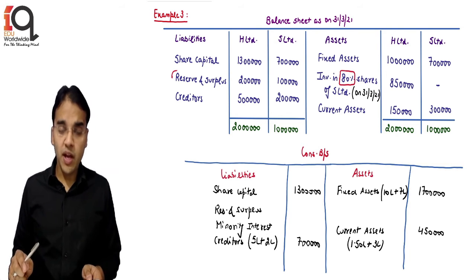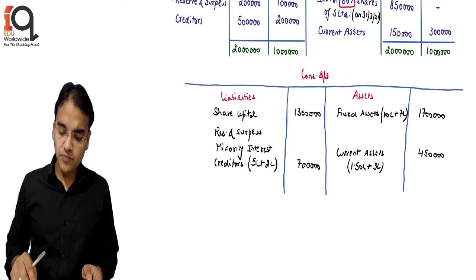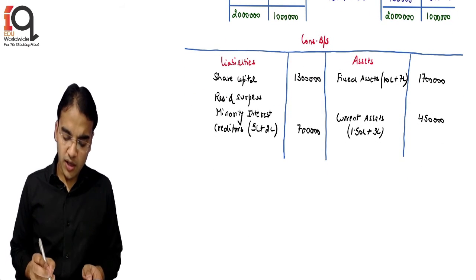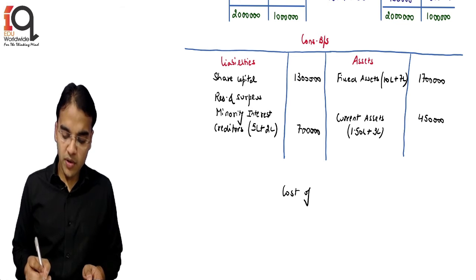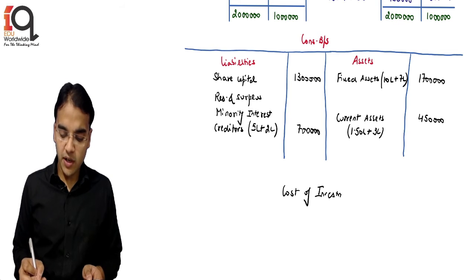Okay, now we have to find out first thing goodwill or capital reserve. So that will obviously be a same kind of a thing. So cost of investment is how much, and this computation of goodwill or capital reserve is actually termed as cost of control, student, is 8,50,000.